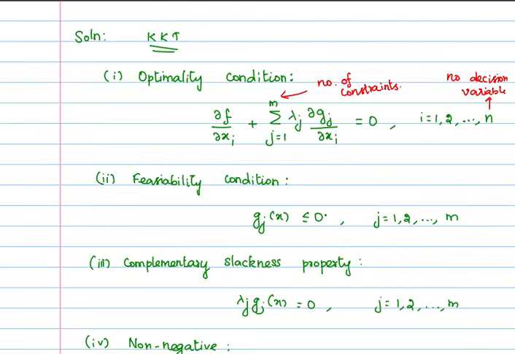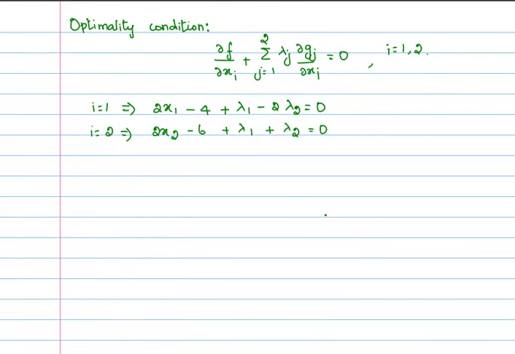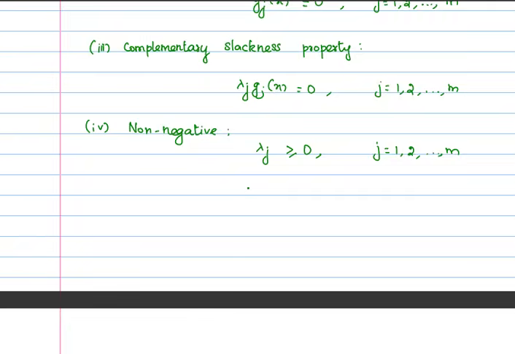That is what I can write from the optimality condition. Second one is the feasibility condition. From the feasibility condition, g1 of x1, x2 less than or equal to 0.